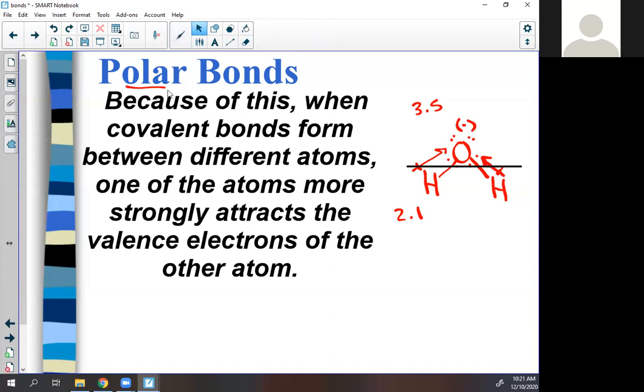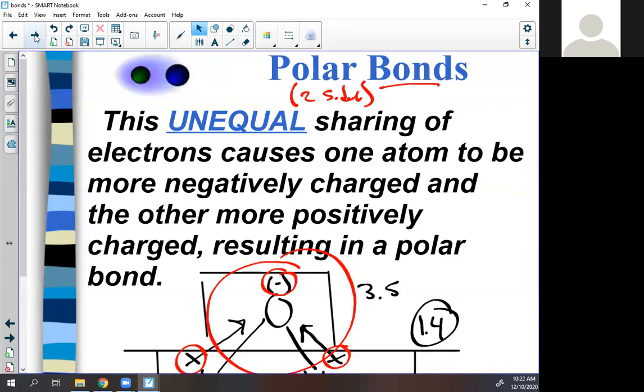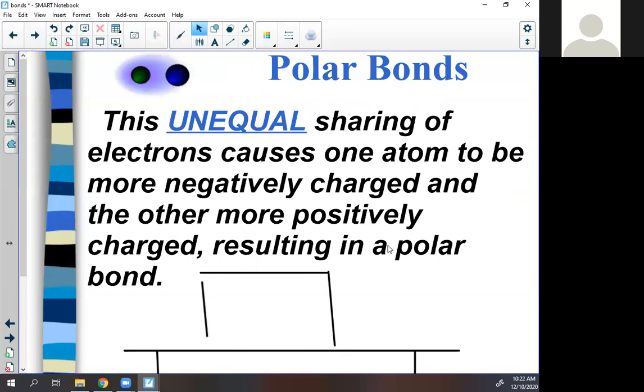So water has a two-sided molecule. It has a negative side, which is this half, and it has a positive side, which is this half. Since it's not sharing equally, it makes a two-sided molecule. This unequal sharing of electrons causes one atom to be more negatively charged and the other more positively charged, resulting in a polar bond.